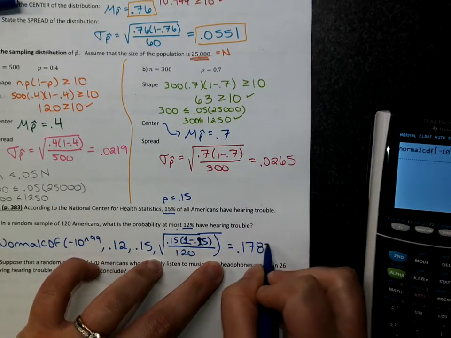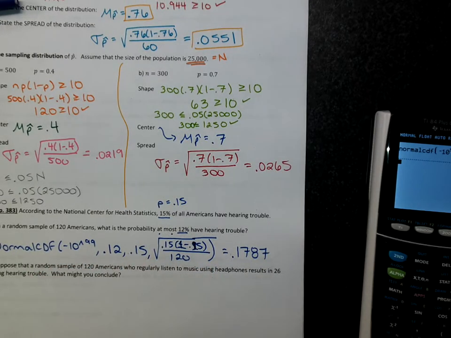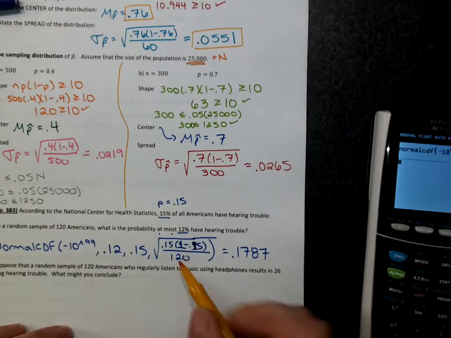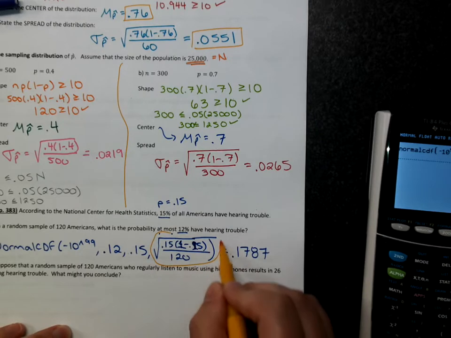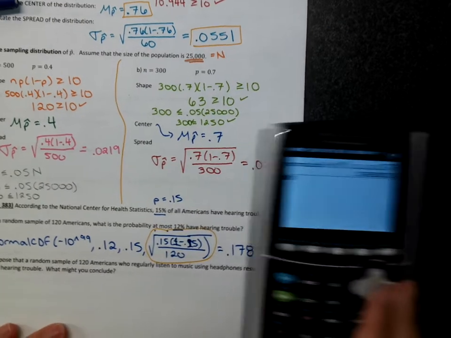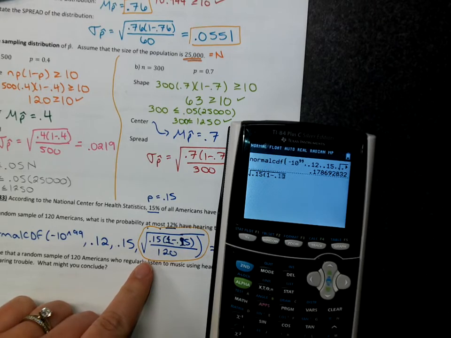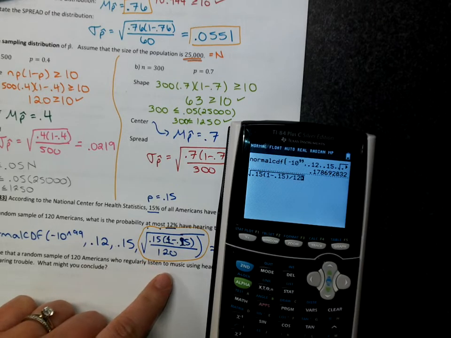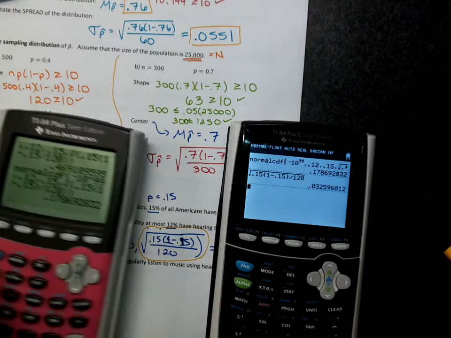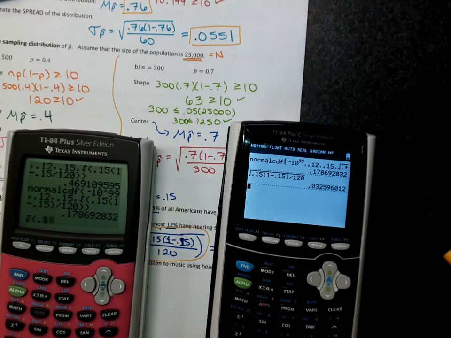One thing you can do, let me just show you. Typing this in, I know, is kind of a lot. So what you can do is type that in all by itself, divided by 120. You can do the same thing on the older calculator, just the square root of 0.15 times 1 minus 0.15.